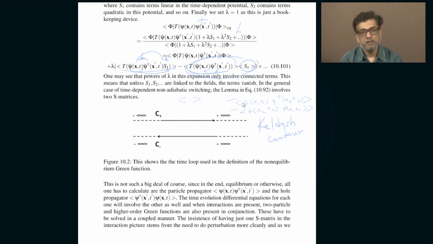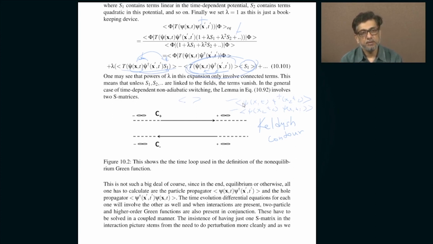Now, when you do that, it is not that much of a problem, it is just an annoyance. The fact that you have two different Green's functions that you have to perturb and find the series expansion for is somewhat irritating. But there is a deeper reason why it is desirable to have a kind of single definition for a Green's function which results in these two particle and hole Green's functions as special cases.